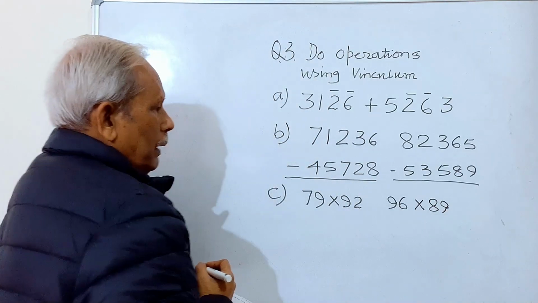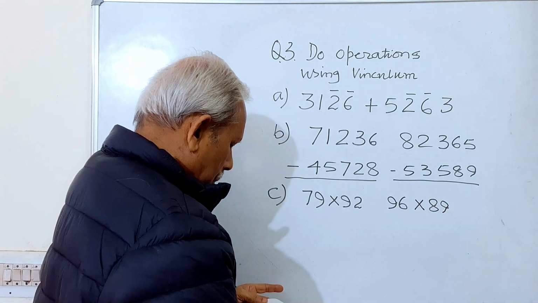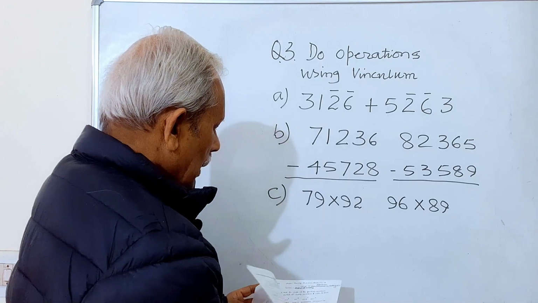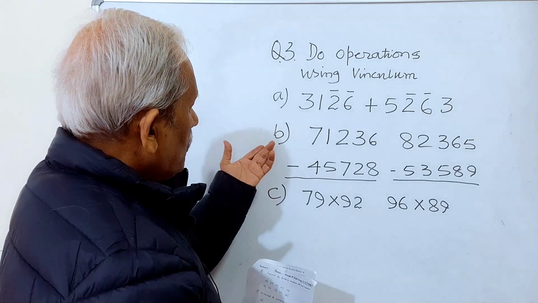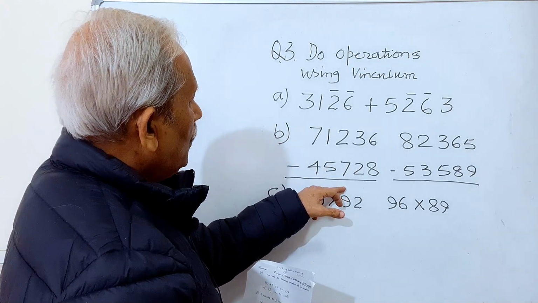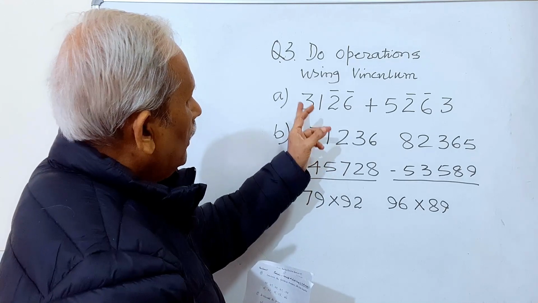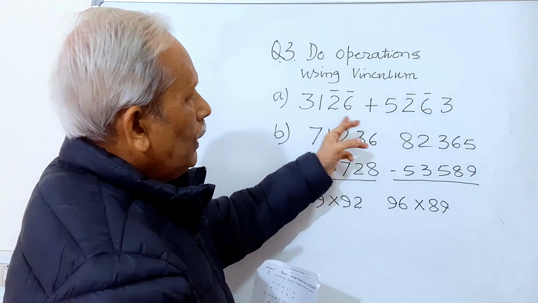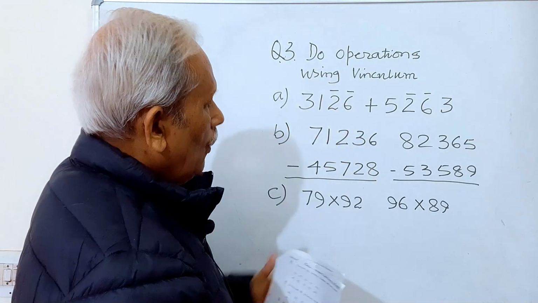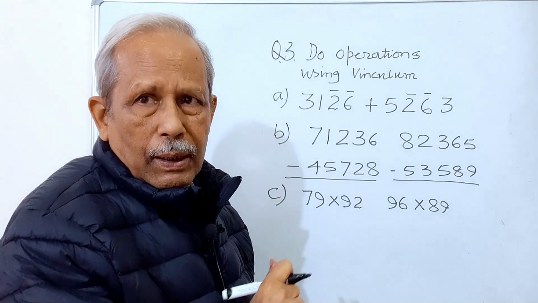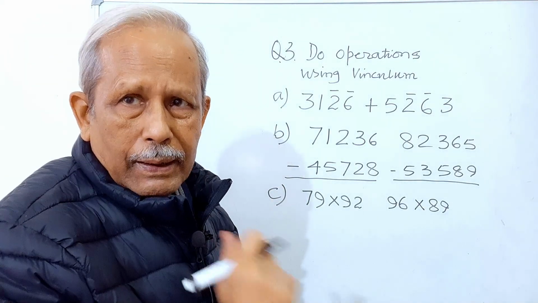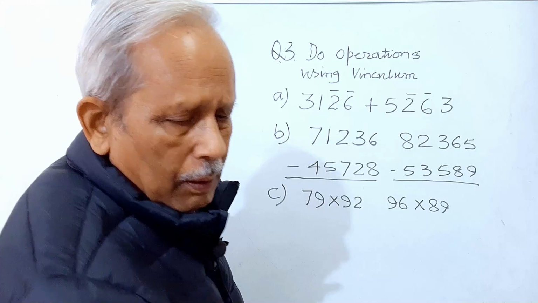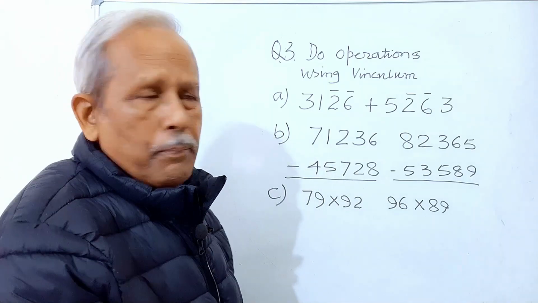This again is multiplication. So you have to multiply these two numbers using vinculum. Here, since this is already vinculated, we have to devinculate it. So attempt these questions yourself, right? Give a pause, attempt these questions yourself, then come back. We'll do the questions here, right?